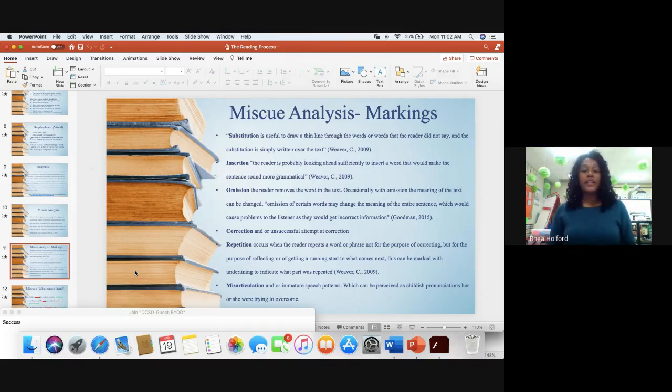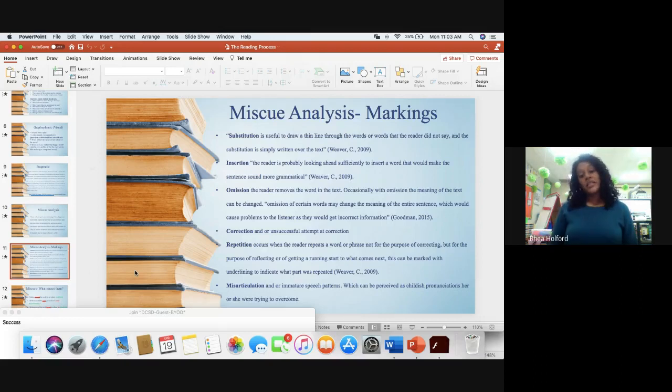We also have correction and or unsuccessful attempt at correction. We have repetition, which occurs when the reader repeats a word or phrase, not for the purpose of correcting, but for the purpose of reflecting or getting a running start to what comes next. This can be marked with underlining to indicate what part was repeated.